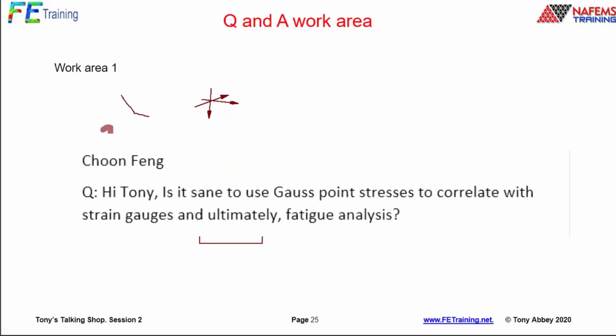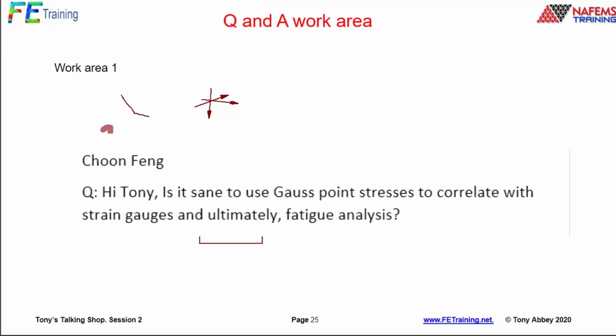Chun says, is it sane to use Gauss point stress to correlate with strain gauges and ultimately fatigue analysis? Yeah, it is if you've got strain gauge results, but that's probably getting down into the detailed post-processing, and that would actually be validation that we're looking at there.